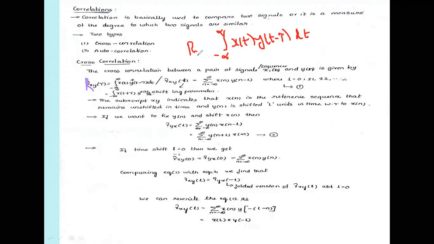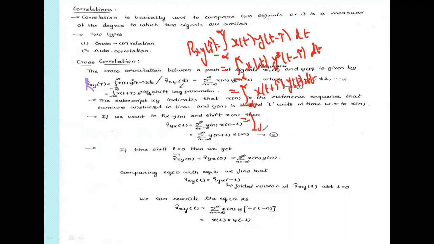R of xy of tau is equal to X of t, a normal signal, and Y of t, a delayed version by tau samples, or we can also write it with the complex function Y of t minus tau dt, or the integral from minus infinity to infinity of X of t plus tau, the advanced function, into Y of t, also dt.